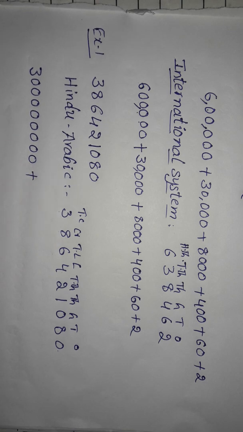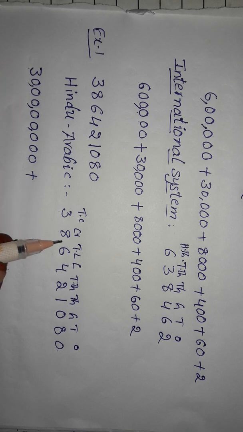Plus, now we keep commas here. How? First 3 digits. 1, 2, 3. After that, in the Hindu-Arabic system, first after 3 digits we keep a comma, and after that, after every 2 digits. 1, 2, 1, 2. Ones, tens, hundreds, thousands, 10,000s, lakhs, 10 lakhs, crores, 10 crores.